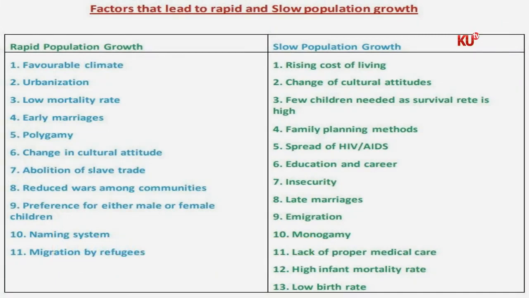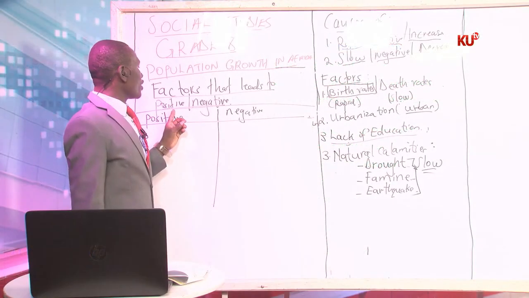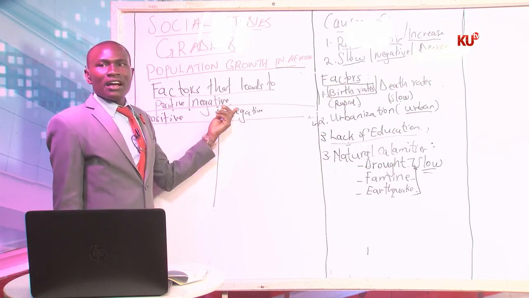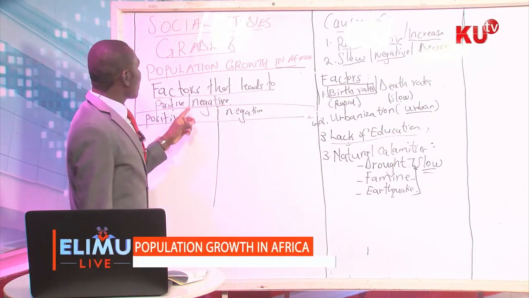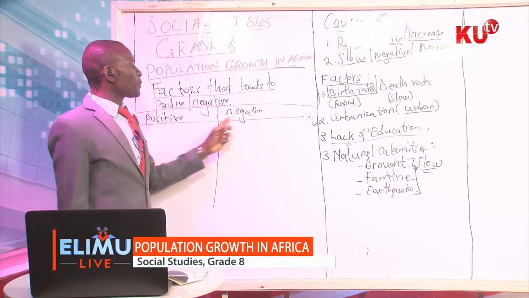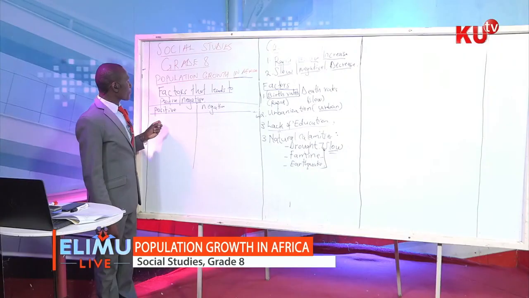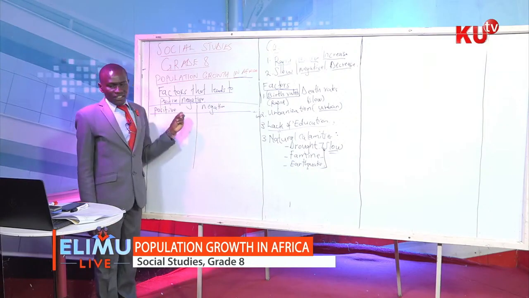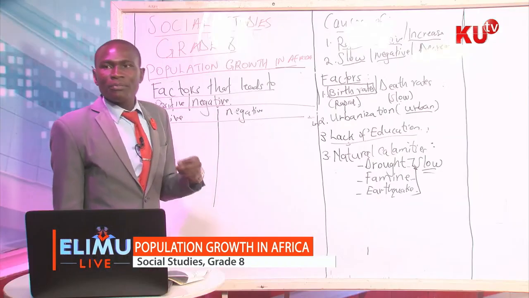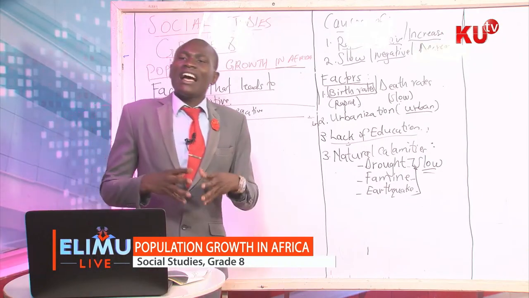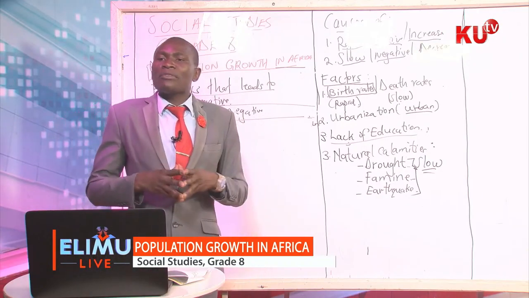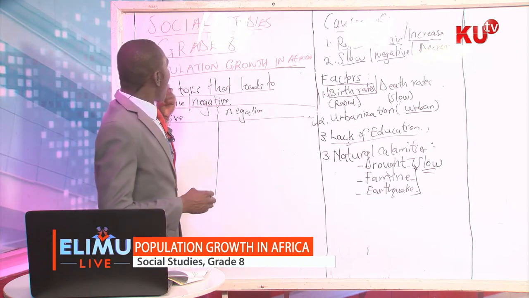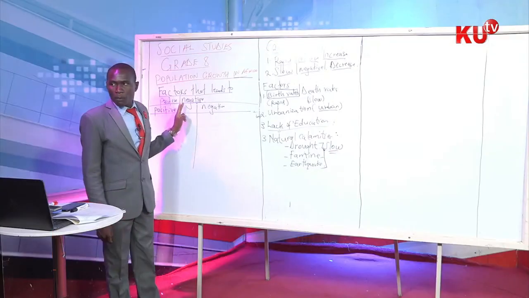Now, boys and girls, as we have talked about the slow and rapid population growth, both positive and negative, there are some problems that will come up from the two.